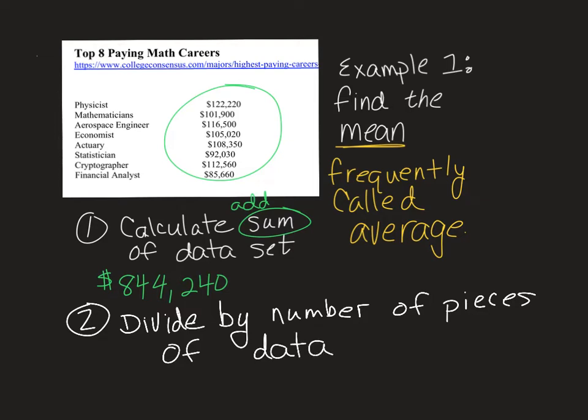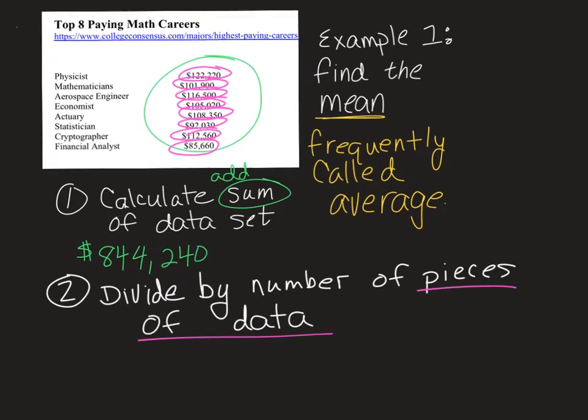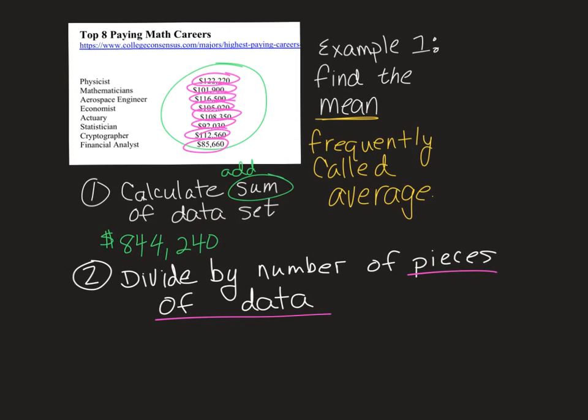So what do I mean by that? If I look up at my data set, I've got 1, 2, 3, 4, 5, 6, 7, and 8 pieces of data. So in this case, there are 8 salaries in our list of data.